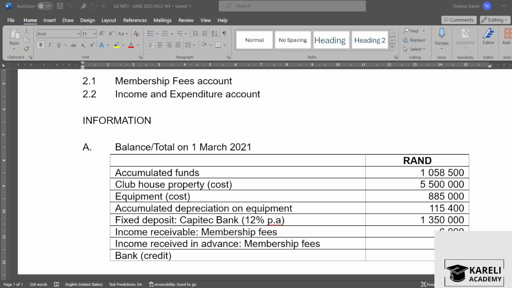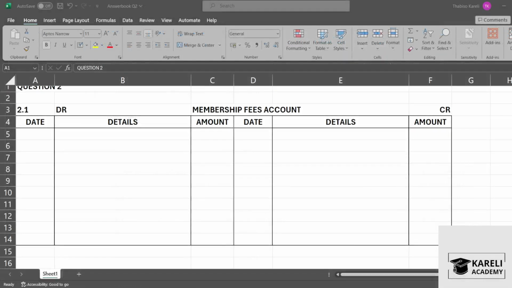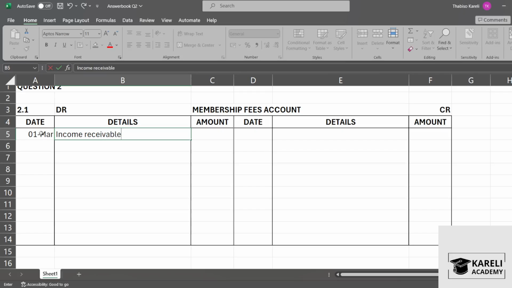Now, we are going to have these amounts as our opening balances. On the debit side, on the 1st of March, we have income receivable or accrued income of 6,000.